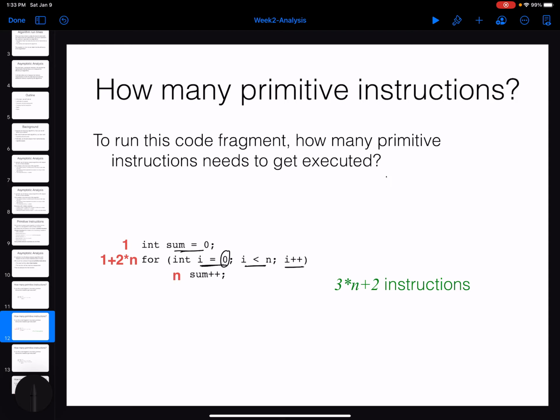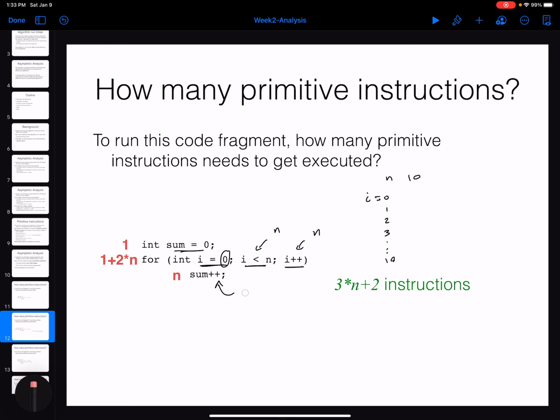Why n times? Because you initialized i to be 0, and you are increasing i each time by 1. So if, for example, n is 10, i will start from 0, and then it will be 1, then 2, then 3, until it reaches 10, right? So the number of increments is going to be n, the number of comparisons that I have is going to be n, and the body of this loop is going to be executed exactly as many times as the number of iterations of this loop.